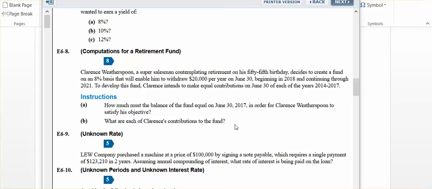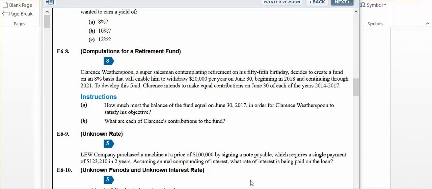So in order to do this, you kind of have to do it, I guess, backwards. Part A says, how much must the balance of the fund equal at the end of 2017 to be ready for him to start taking out $20,000 a year for 4 years.